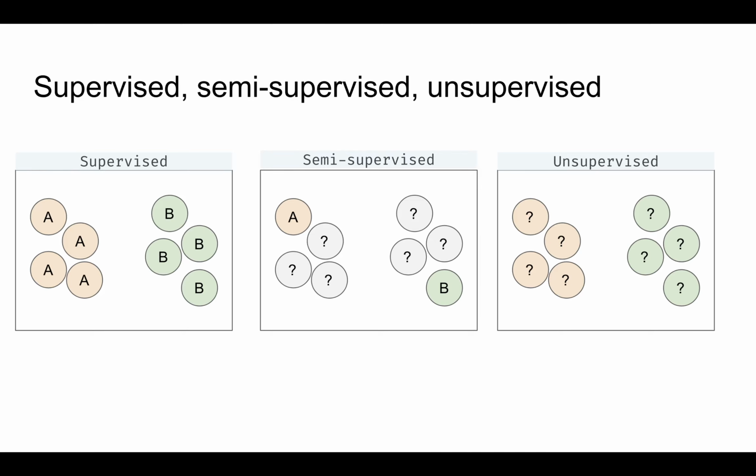The reason this is important is because in many cases it's not possible to label the entire data set, and so semi-supervised learning becomes a very important tool to know if you come across a data set that is mostly unlabeled.